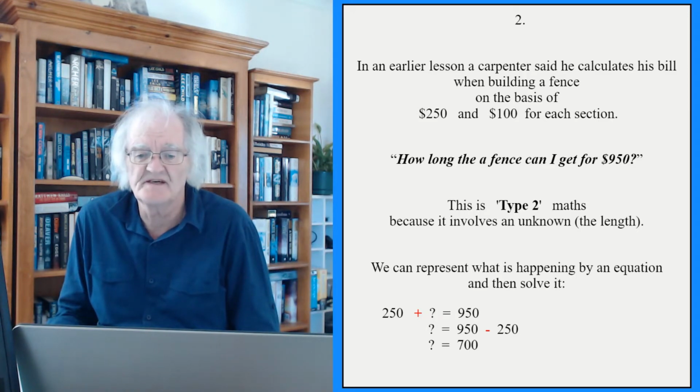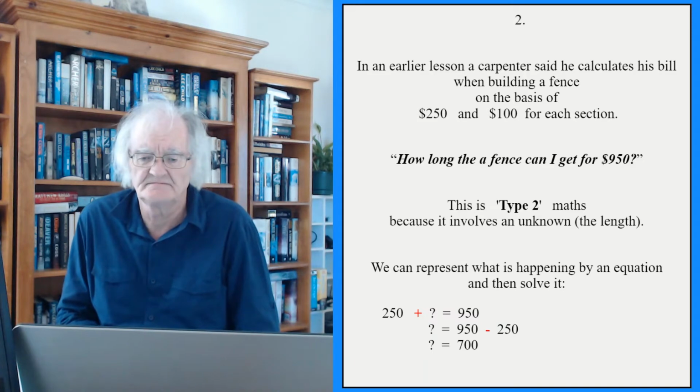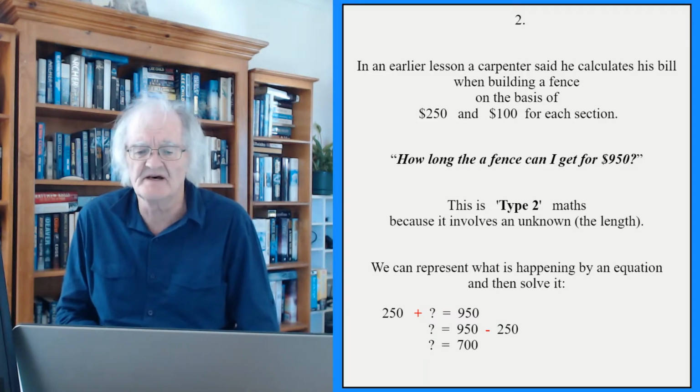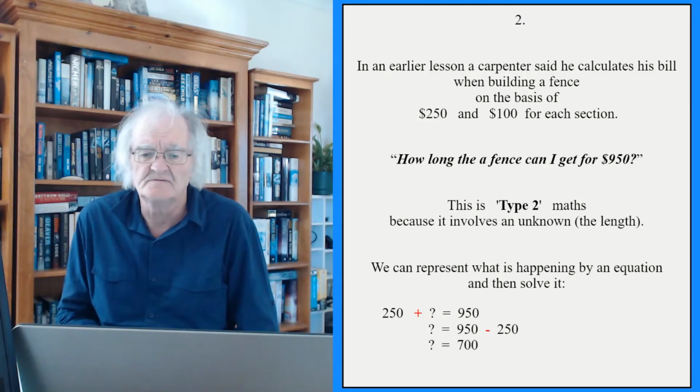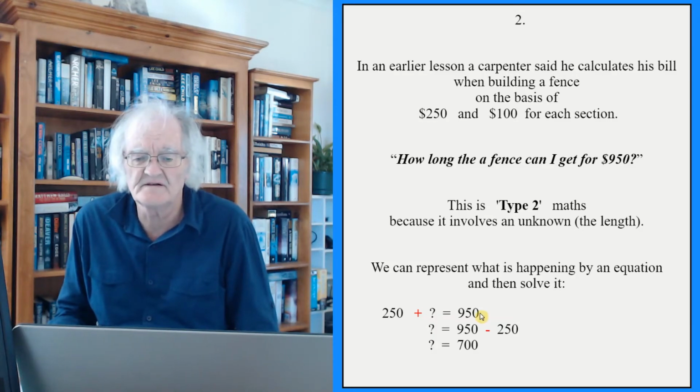So the missing information is 700. Now what we have to ask ourselves is 700 what? It's actually $700. We started with $250 to $950, so therefore $700.